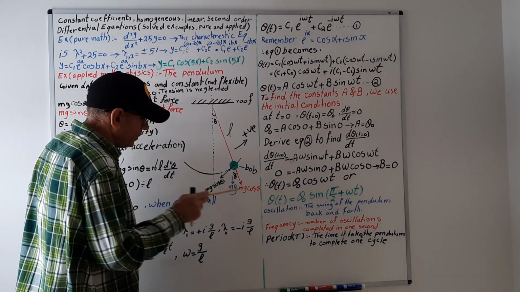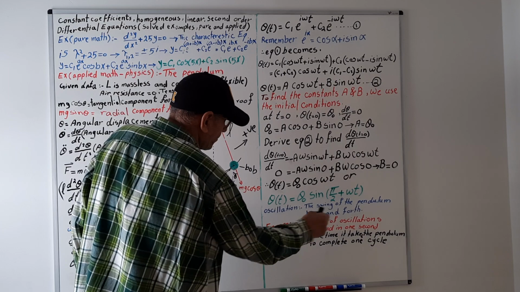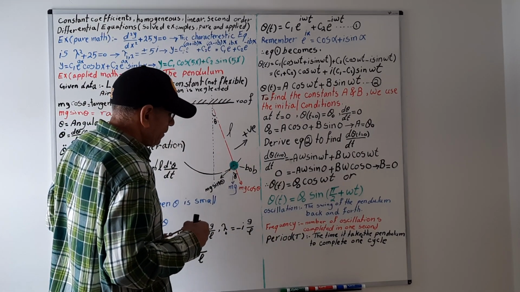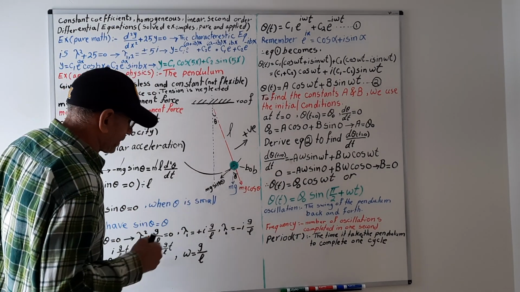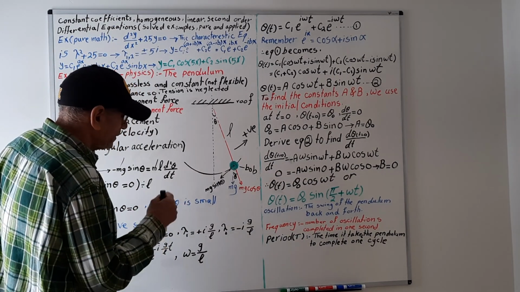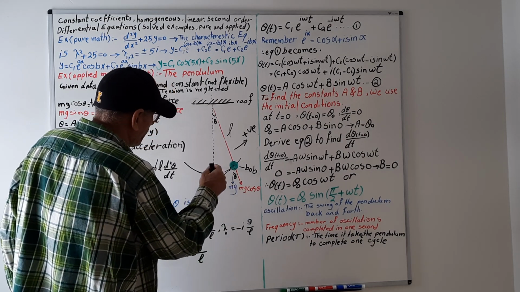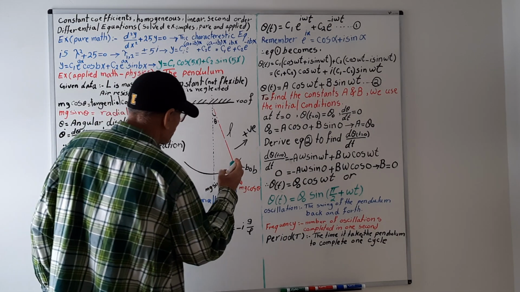We need to know that oscillation means the swing of the pendulum back and forth. The frequency is the number of oscillations completed in 1 second. The period T is the time it takes the pendulum to complete 1 cycle.